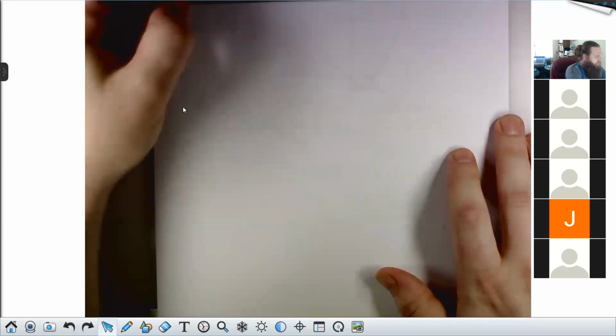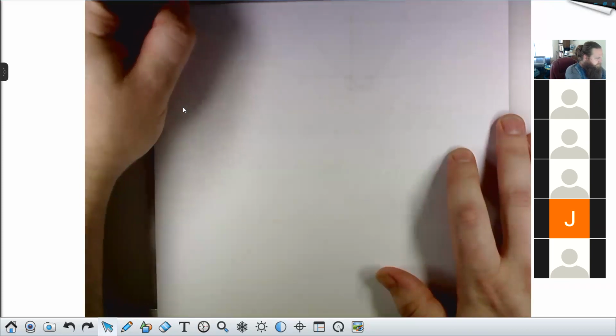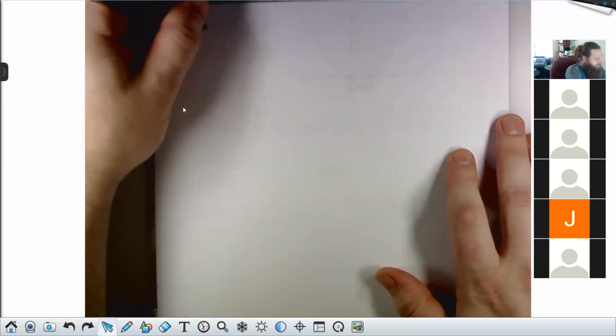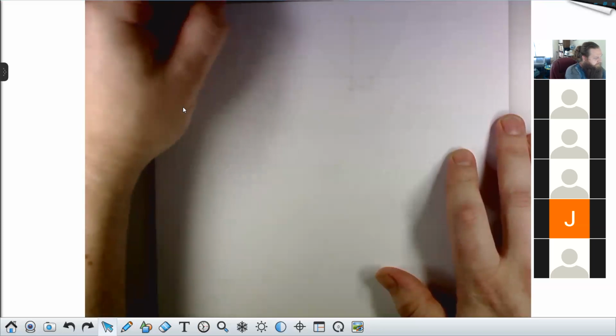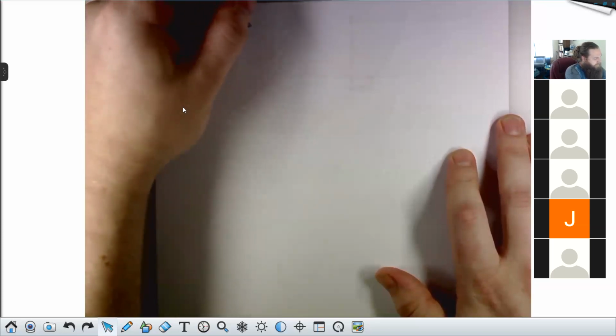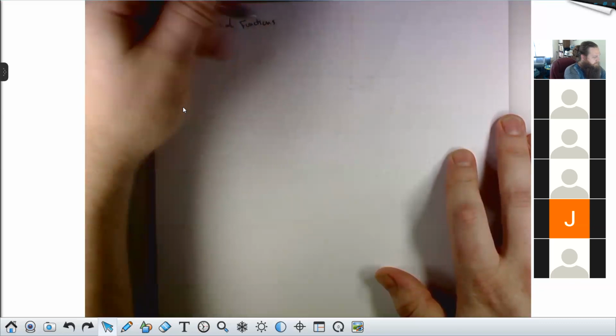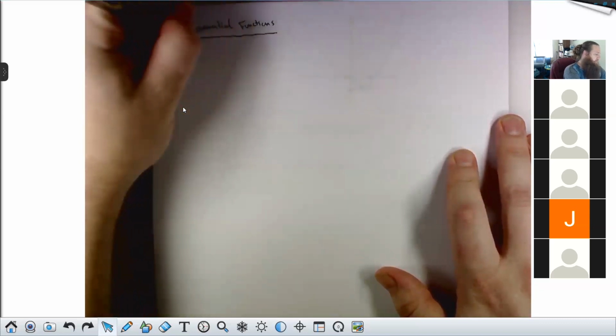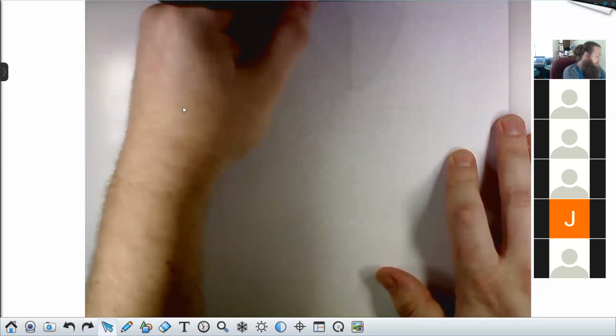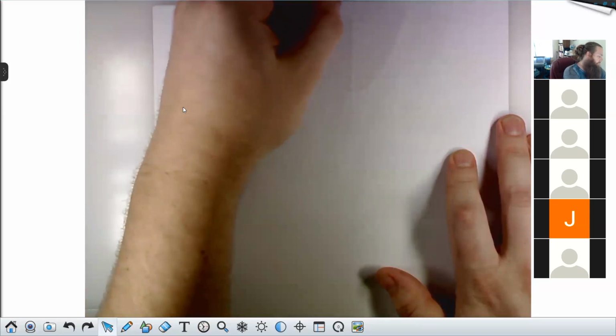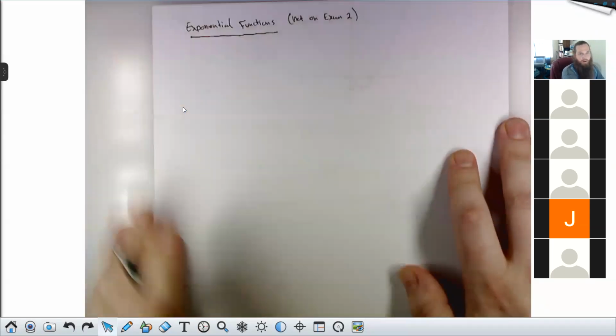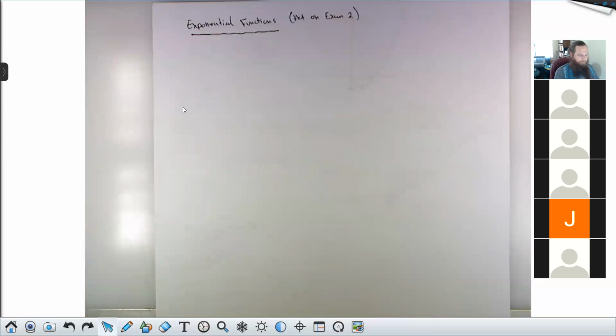So this is the start of exponential functions, not on exam 2. Exponential functions are called exponential because the variable is in a new place, the exponent.